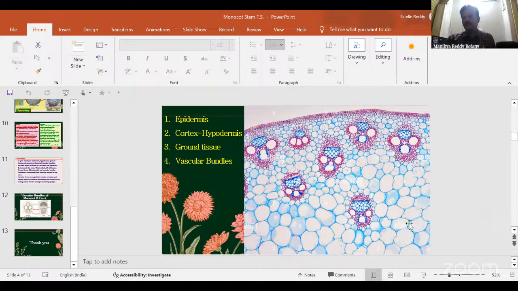So this is also important for examination. Out of 4 transverse sections, 2 are roots and 2 are stems. These 4 are very, very important from the examination point of view. You need to practice the figures. You need to draw the figure. If you get an essay on monocot TS, you need to draw this diagram along with the vascular bundle.